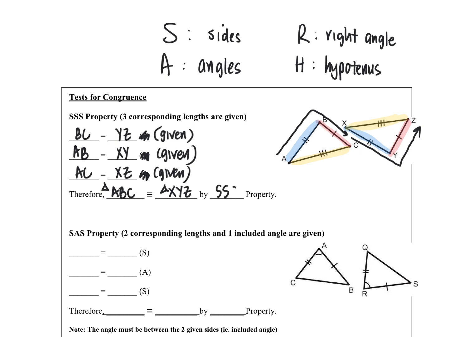By SSS property, or we can say SSS test. You need to cite the test you use, and you need to write all these reasons to get you 2 marks. Okay? What's the long form for SSS? Cite property.